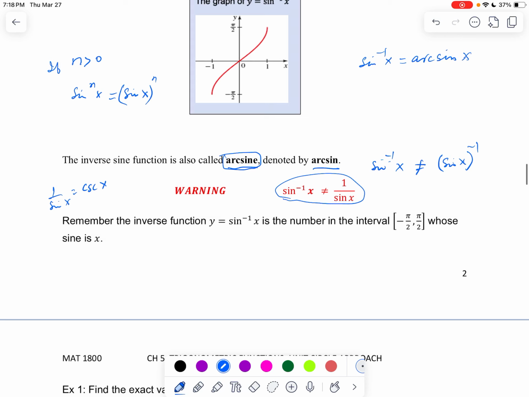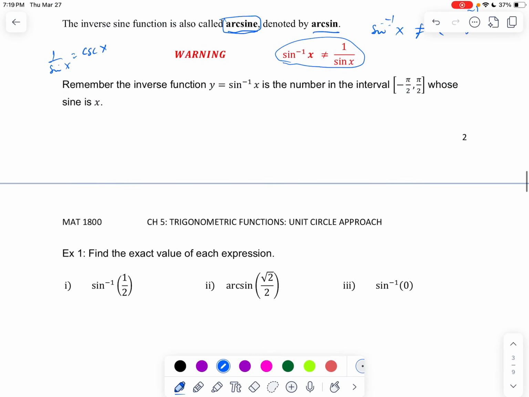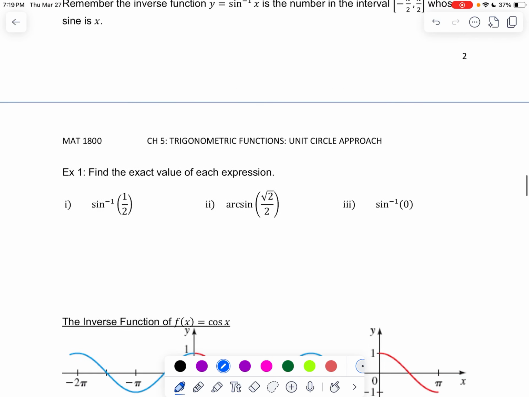Okay, so let's look at some examples here. It's saying find the exact value of each expression. First one is sine inverse of 1/2. So what are we trying to find here? We are looking for a real number t or x, you can call it whatever. Let's say we want to find this value and we don't know, so let's set it equal to x.